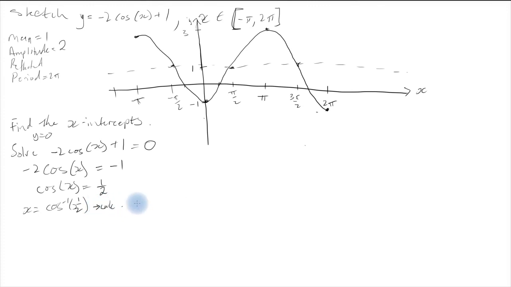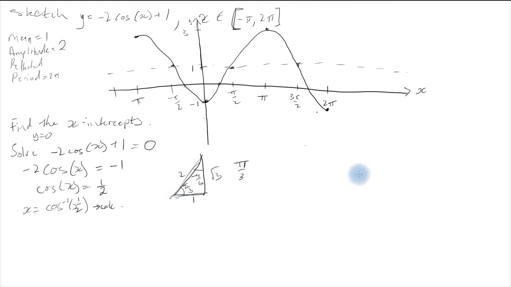Or I can use my perfect triangle, which I'm going to do, because I know I have this triangle at my disposal: 1, 2, √3. This is pi on 3, this is pi on 6. Cosine is 1/2, so the 1 is the adjacent side and the 2 is the hypotenuse, so that's pi on 3. So our base angle is pi on 3 in this case.